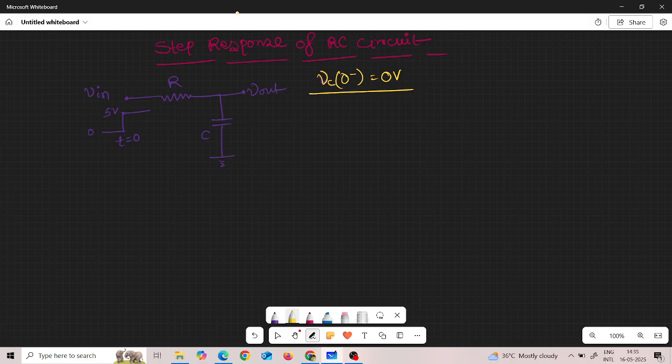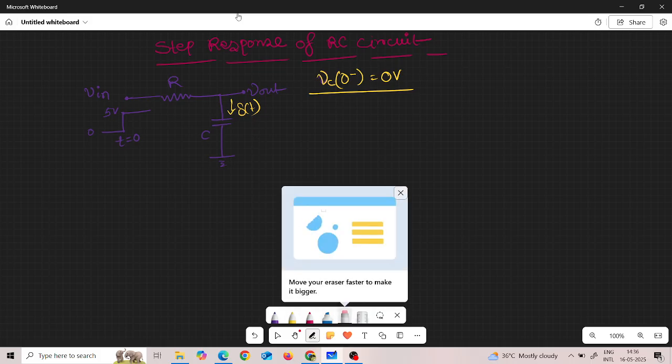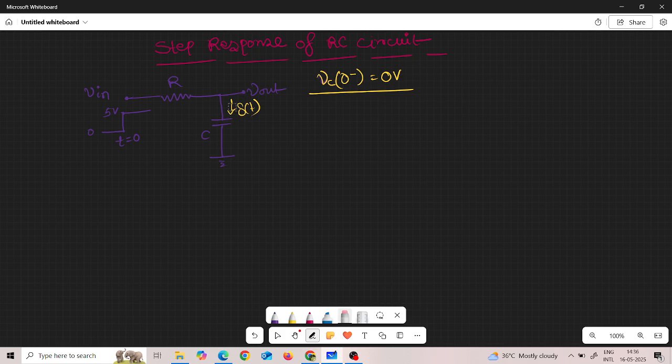To change its voltage instantaneously, the capacitor must have an impulse current at its input, otherwise it can't change its voltage instantaneously. So the capacitor will hold its voltage for some amount of time, then after that it will change its value. So we can't change the capacitor voltage instantaneously.